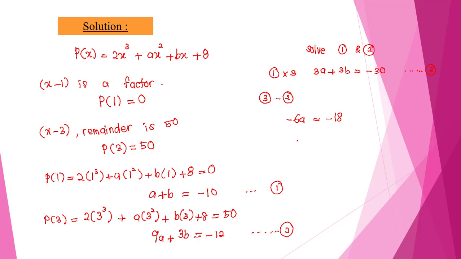So from here I will get the value of a, which is negative 18 divided by negative 6, I will get positive 3. Then I will substitute back the value of a equal to 3 into the first equation. So I will get 3 plus b is equal to negative 10. So then b is equal to negative 13.